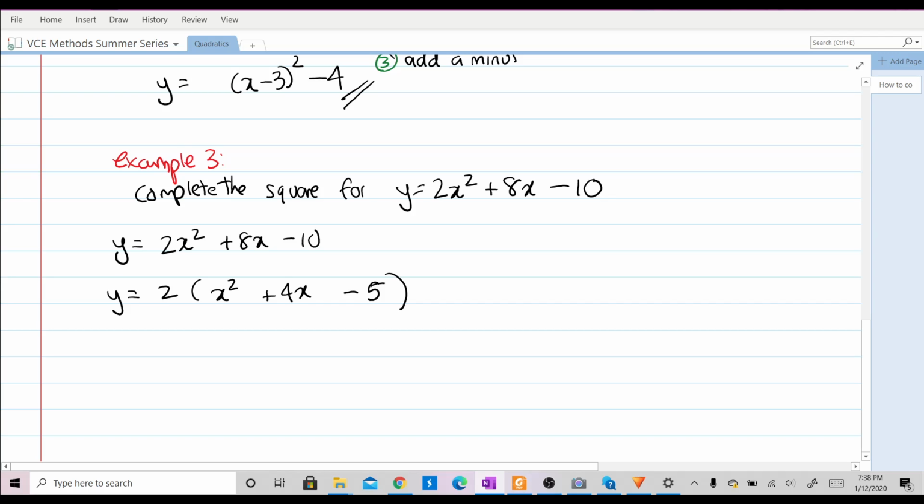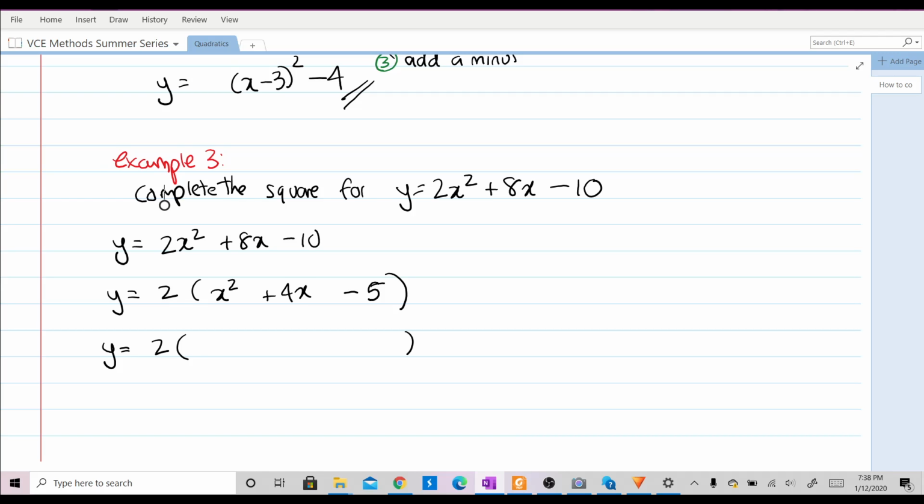Once we factorize that number out, what I want you to do is pretend that the 2 and the outside bracket doesn't exist in our equation. It's not going to affect the way that we complete the square. So what I like to do is just write the bracket outside first, and now focus on the inside only. So we have to complete the square on x squared plus 4x minus 5.